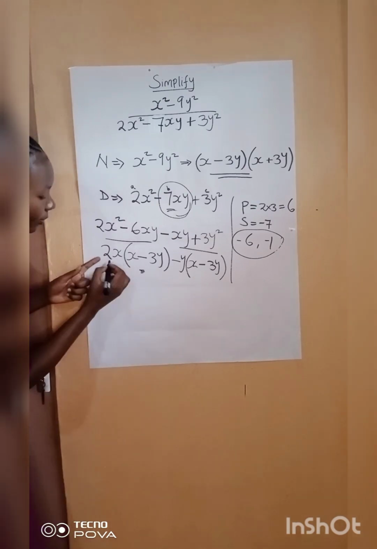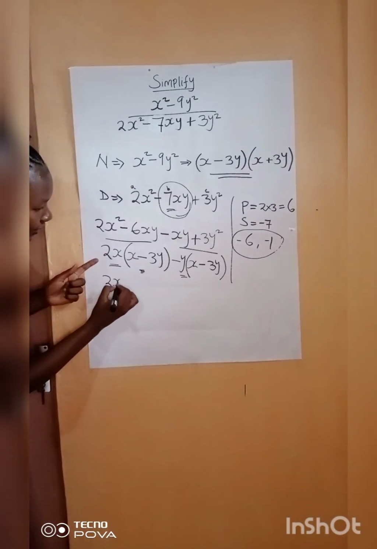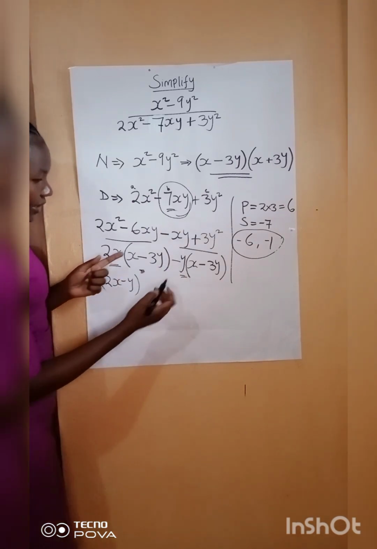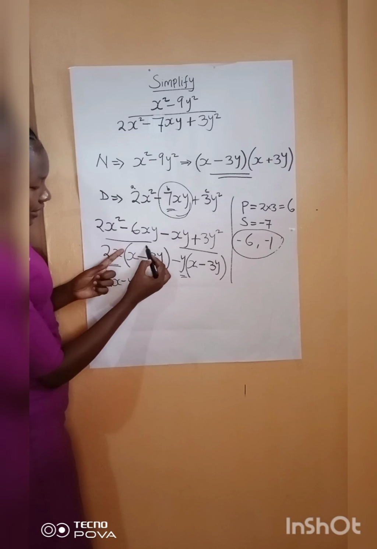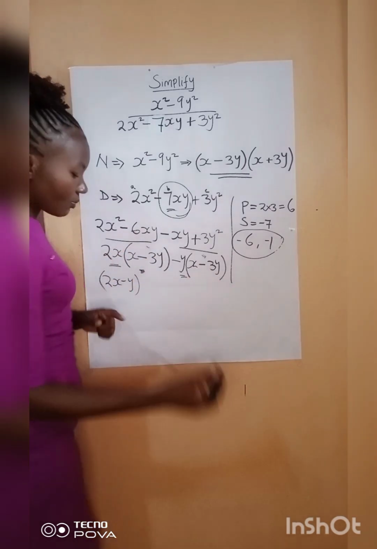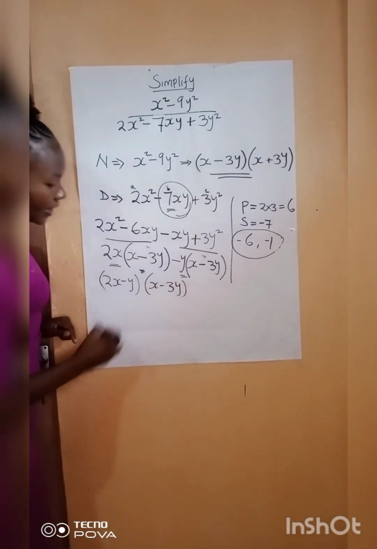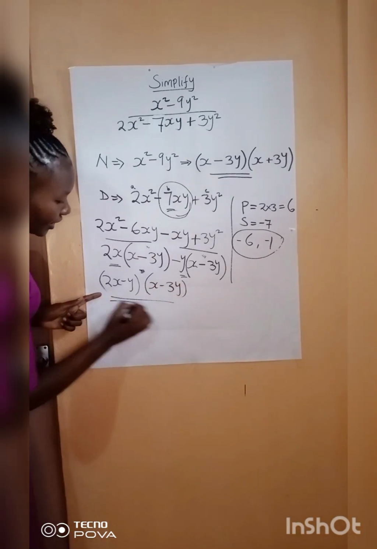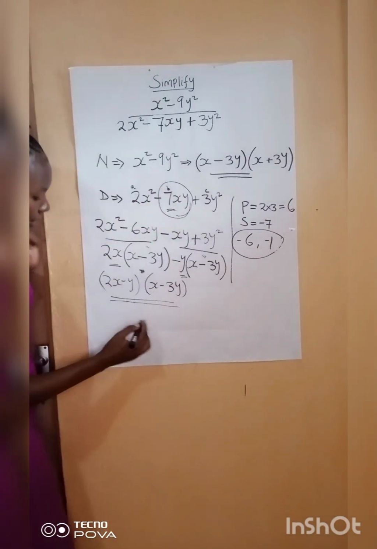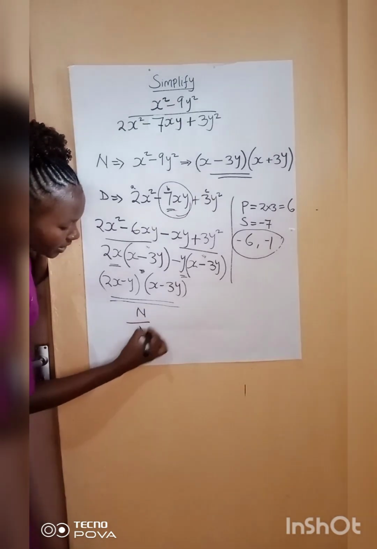So after that, we combine the numbers outside the bracket, which is 2x. This is minus y. We put them into brackets, and then this bracket here, the values here are similar to these ones here. So we just pick one of the brackets, which is x minus 3y. So this is the value of the denominator. Now to get our final answer, we just combine our numerator over denominator.